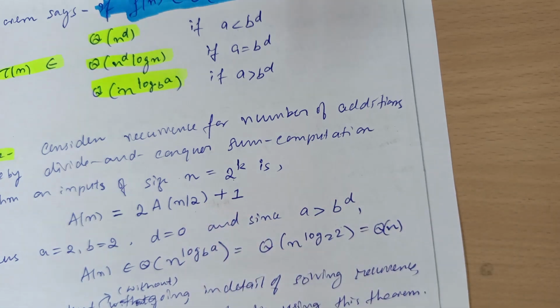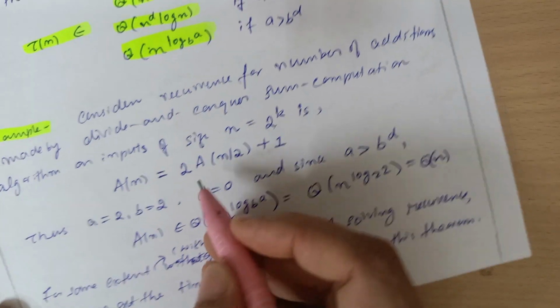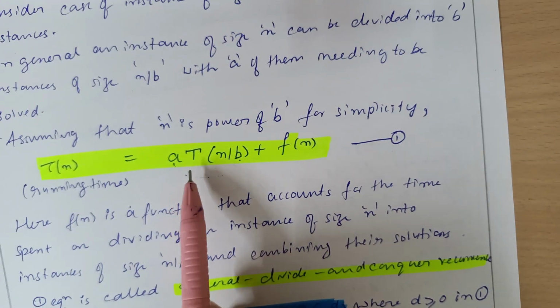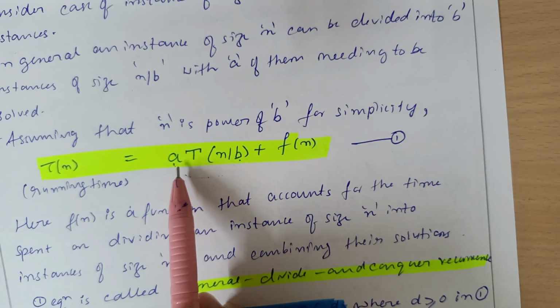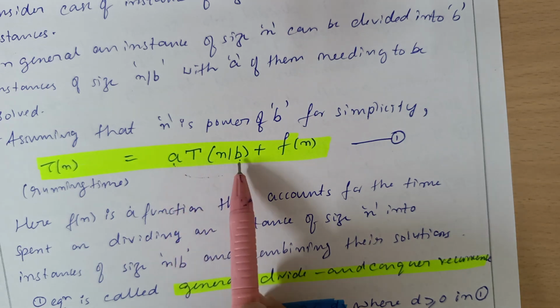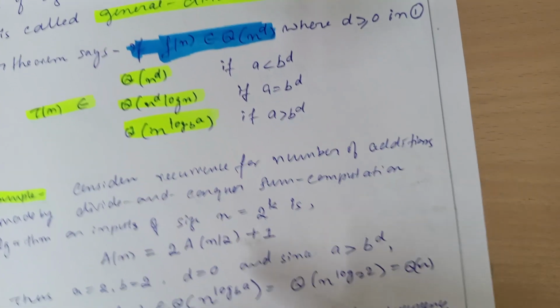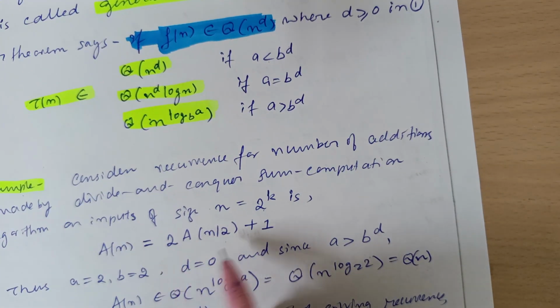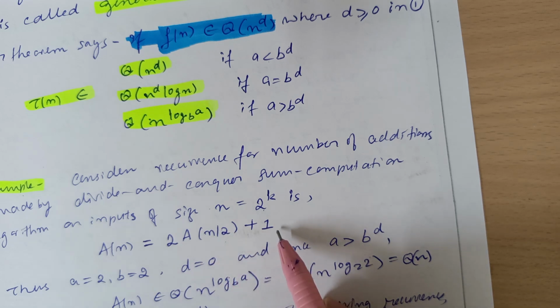Carefully, we should compare with our previous example. We should come back to the basic formula and get the values of a and b first. So a is 2, b is 2 here, and f of n is equal to 1.